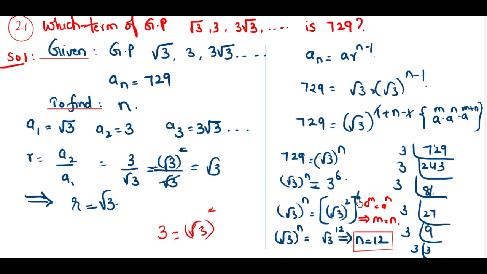Now we have the formula a to the power of m whole to the power of n, which means we multiply the powers, that will be equal to a to the power of m into n. So root 3 whole to the power of n we are writing as it is, that is equal to root 3 to the power of 2 into 6, which will give us 12. When the bases are the same on either side of the equation and not equal to 1, then the powers will be equal. So the value of n here we got as 12.